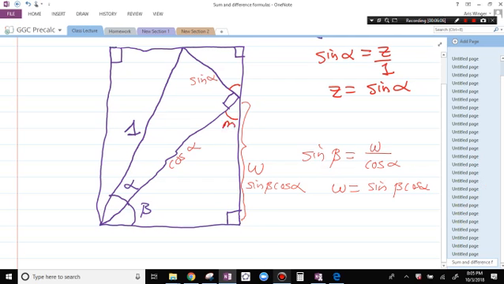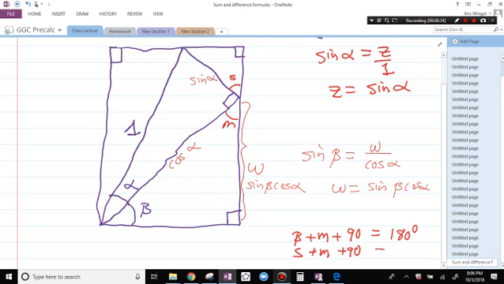I know that beta plus M plus 90 is 180, because it's a triangle, right? But now I'm going to call this S. What do I know about M plus 90 plus S?